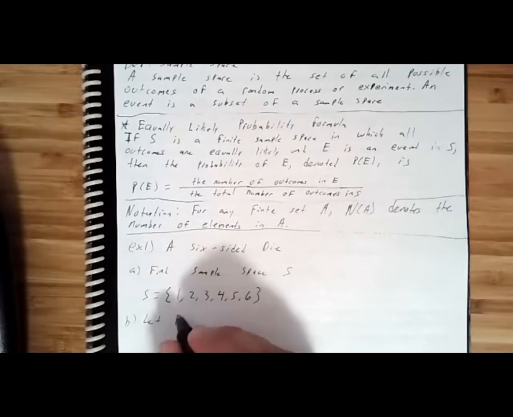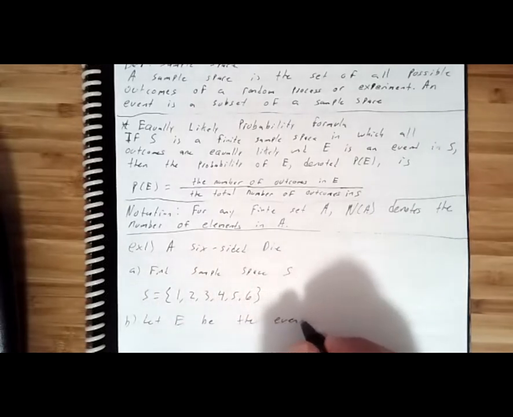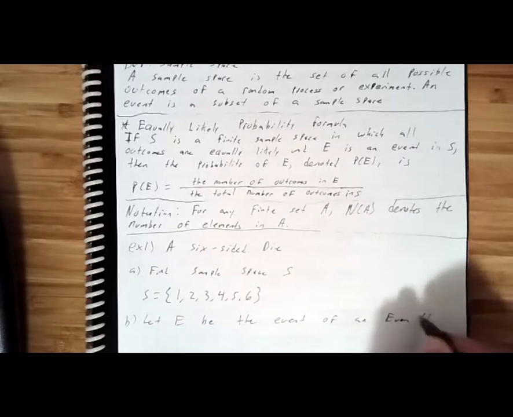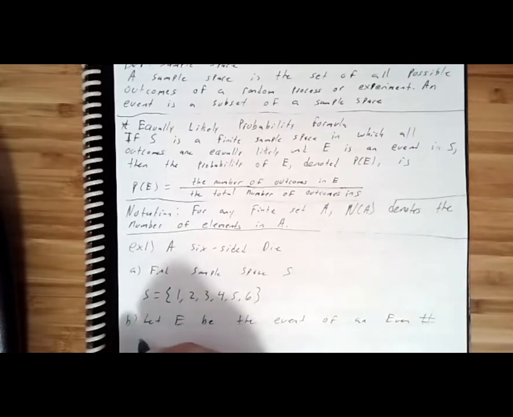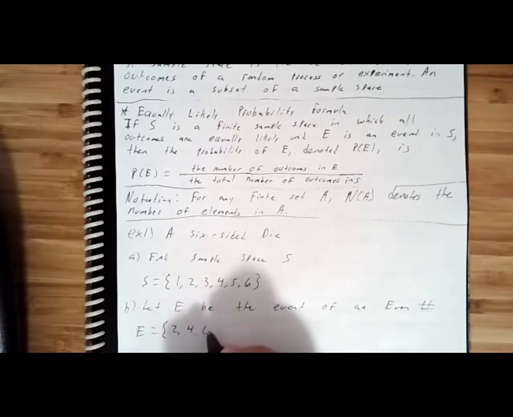So that's S. B, let E be the event of an even number. So E would be a subset of S, meaning it's inside of S, which is equal to 2, 4, 6.